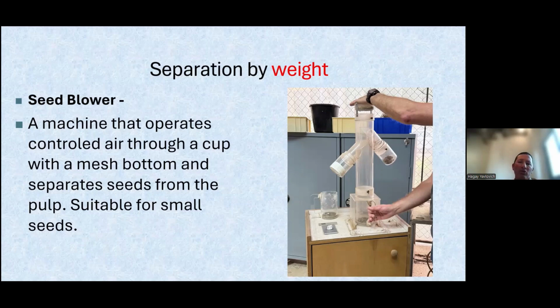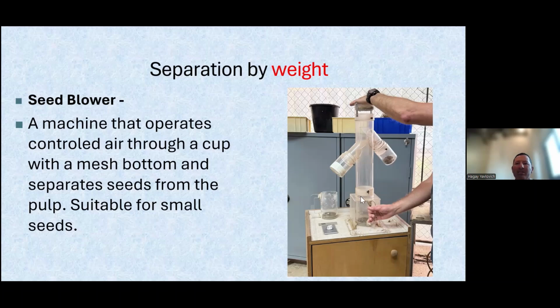Again, you can control the wind, and then all the chaff goes up to those two cups, and here at the bottom the clean seeds stay because they are heavier. Of course, you control the amount of wind coming from below.